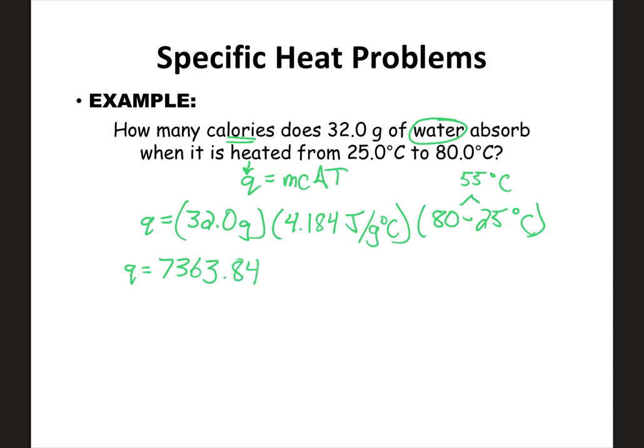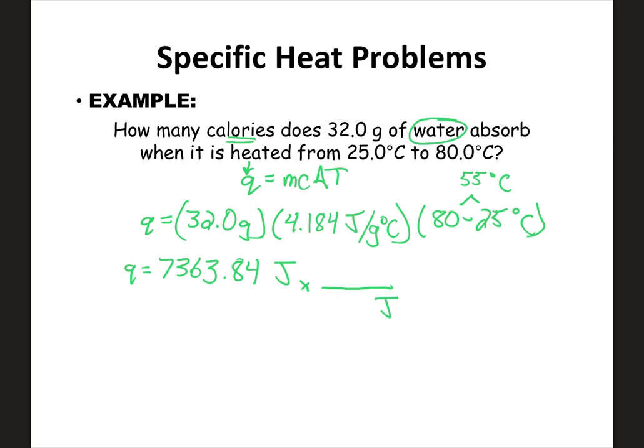And remember, this is where you need to know your units. Your units for Q here should be joules. If you pay attention to your units up there in the problem, the grams would cancel out, the degrees Celsius would cancel out, and you'd be left with joules. So yes, the problem wants calories, but your Q is in joules. So you're going to have to convert here. So multiplication symbol, conversion line.